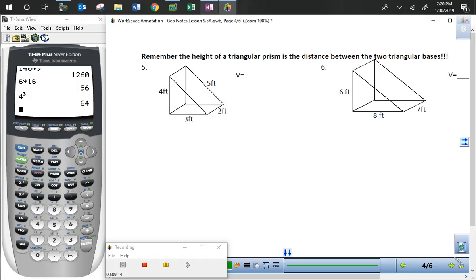Now we're going to work on triangular prisms. So the first thing you're supposed to do with a triangular prism is always shade the base. Remember, the base for these prisms are those triangles. So you get to focus on whichever triangle you see first. I like to try to find the one with the most numbers labeled on it, but either one's going to work for us because they're the same size.